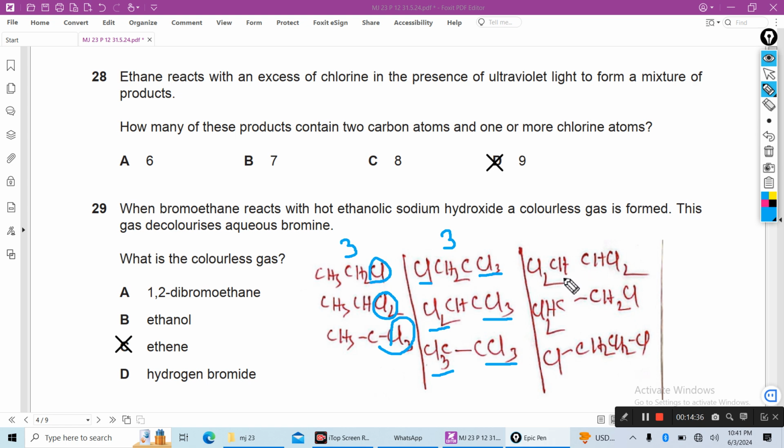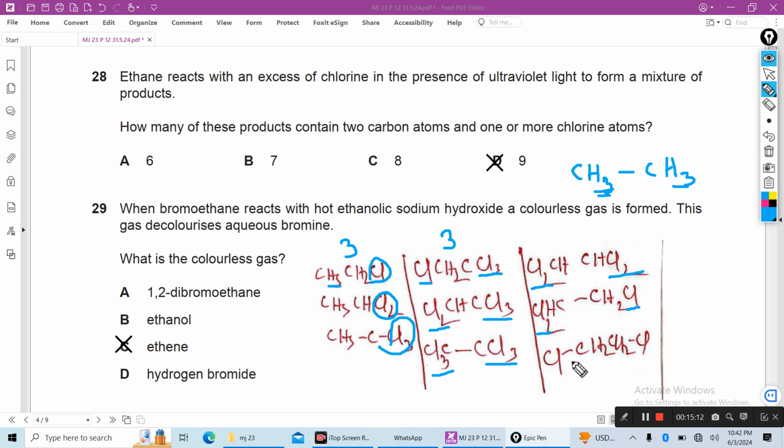Then left hand side, ethane, CH3, CH3. Left hand carbon, 2 hydrogen replaced by chlorine, and right carbon, 2 hydrogen replaced by 2 chlorine atoms, one compound. And second one, 2 hydrogen replaced by 2 chlorine atoms, and right one, 1 hydrogen replaced by 1 chlorine atom.